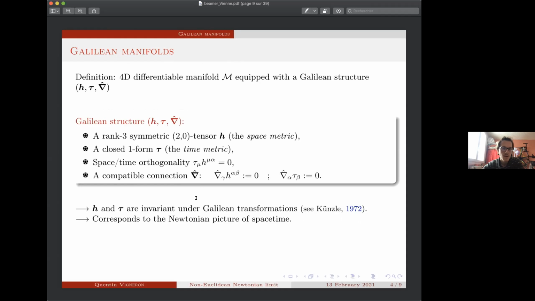Those two metrics are invariant under Galilean transformations, and they define what we can call an absolute space and an absolute time in the manifold M. In this sense, this corresponds to the Newtonian picture of space-time.